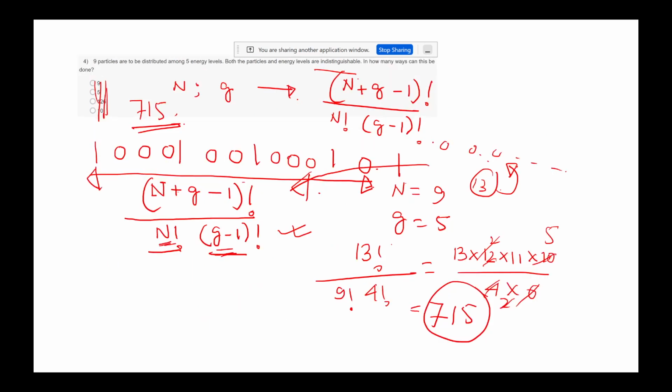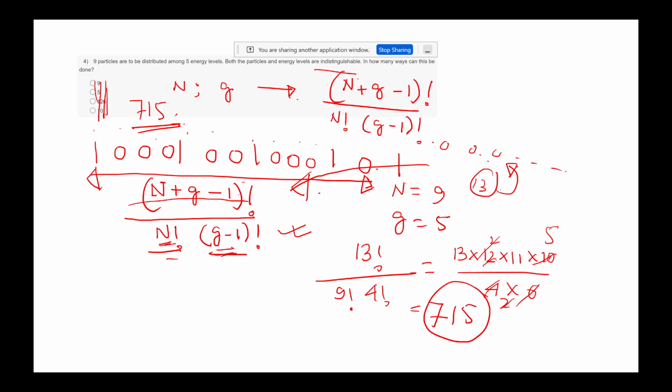Do you understand the difference? The particles are indistinguishable. Here, 13 positions are there and 13 distinguishable objects. When we are calculating, this is distinguishable, and to make it indistinguishable we divide by this thing. The number of ways to distribute them is n plus g minus 1, meaning 13 factorial.